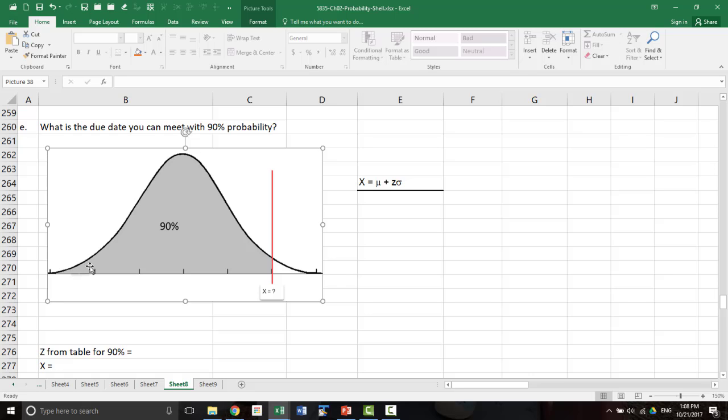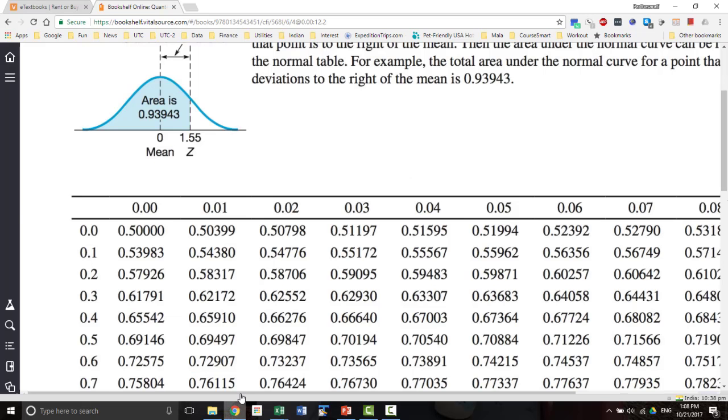Again, we can do this from the table, and I'm going to show you how to use the table, because sometimes you have access only to the table, so you need to know how to use it. But if you have Excel, then I would suggest that you use the Excel function for it. So let's look at how to do this in the table. We want 90% probability.